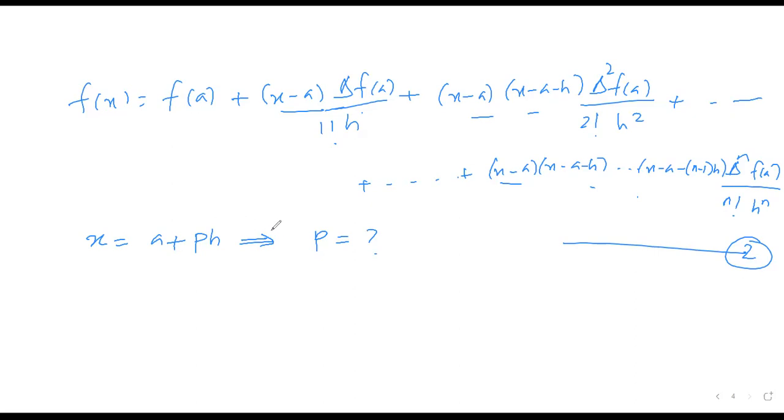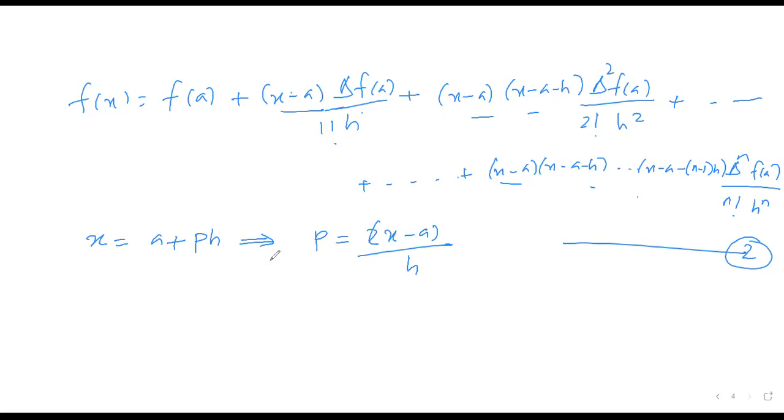Yes, good. So what about others? Yes, good. So it means x minus a divided by h is p. That's all. Then wherever x minus a over h appears, we substitute the p value.